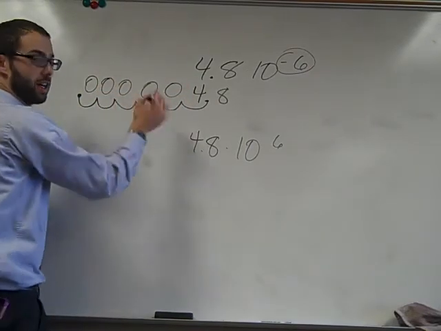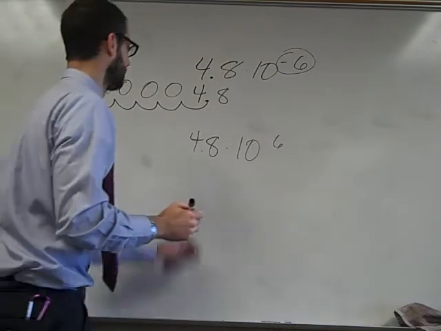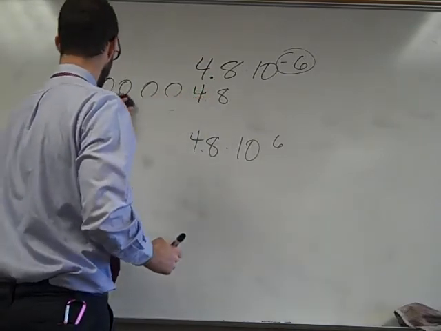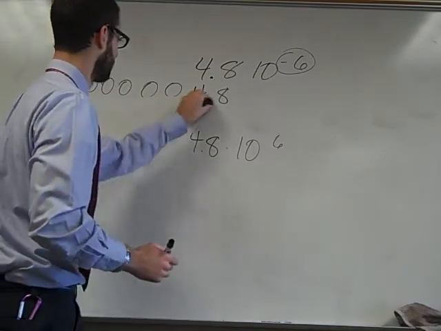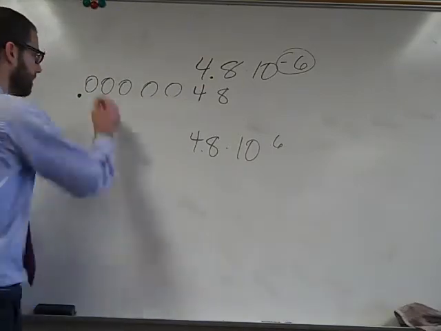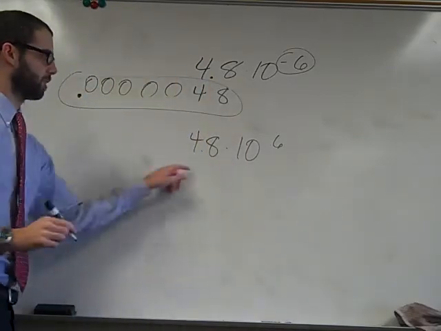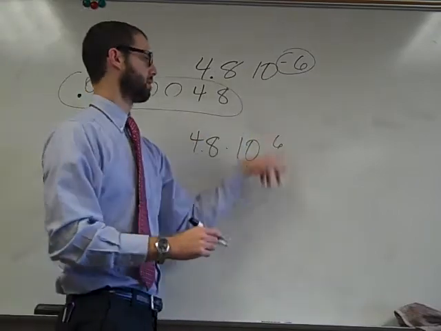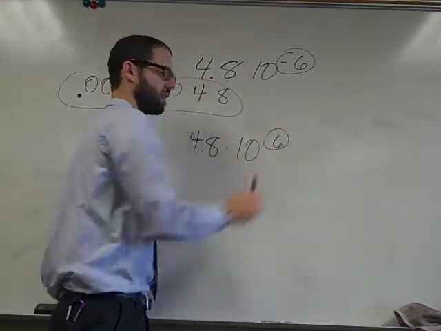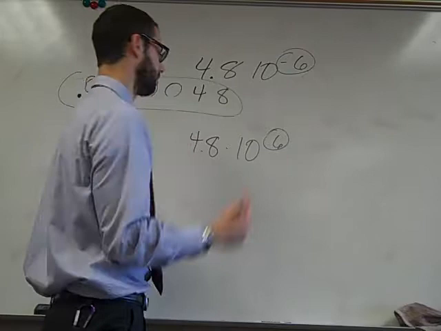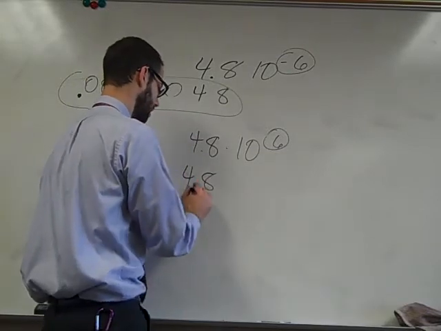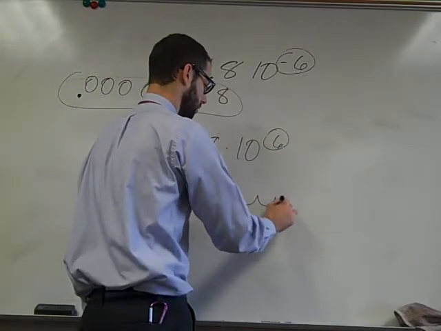So I could leave it like that, or I could clean it up a little bit. So this is basically this right here. Really tiny number. Now, as opposed to this, it's only a small change. This turned into a positive, so it's going to make it a larger number. So I'm going to go 4.8, 1, 2, 3, 4, 5, 6.